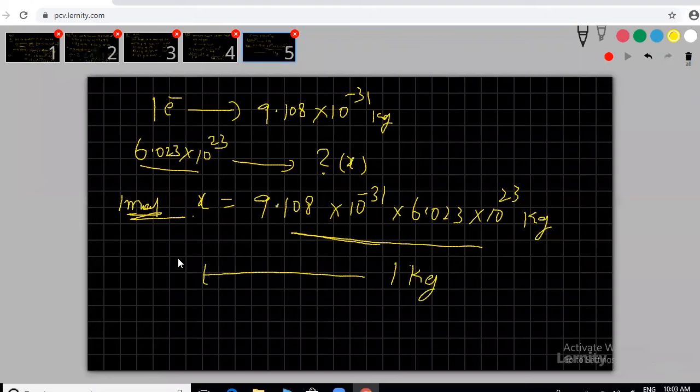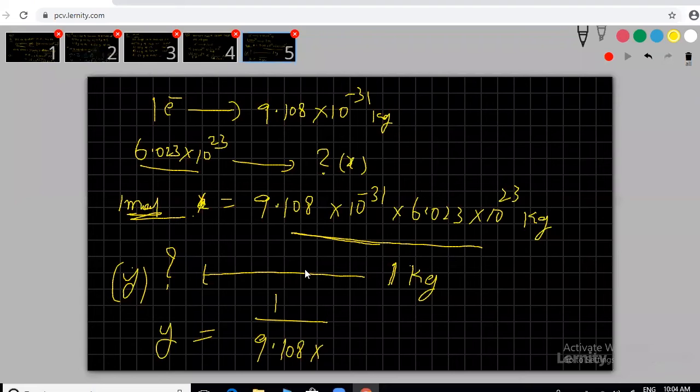We do the reverse, cross multiply. I can take y equal to 1 by 9.108 into 10 power minus 31 plus 23.